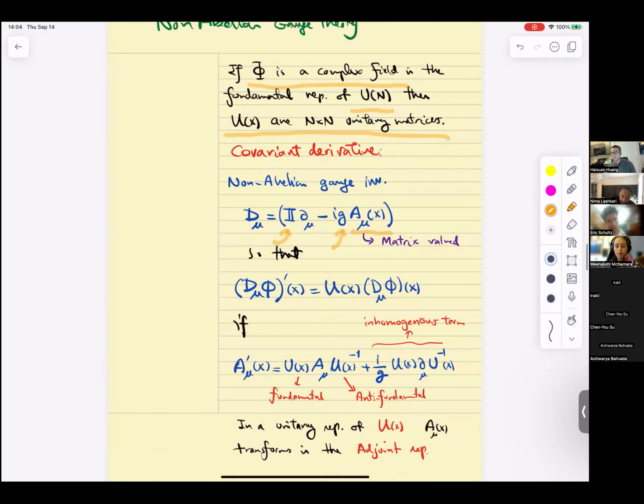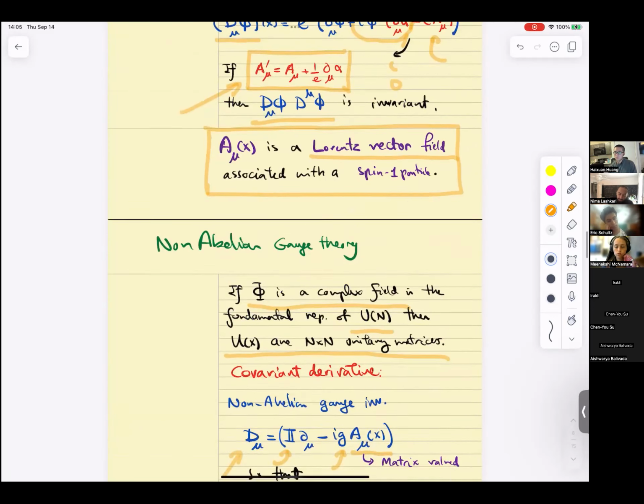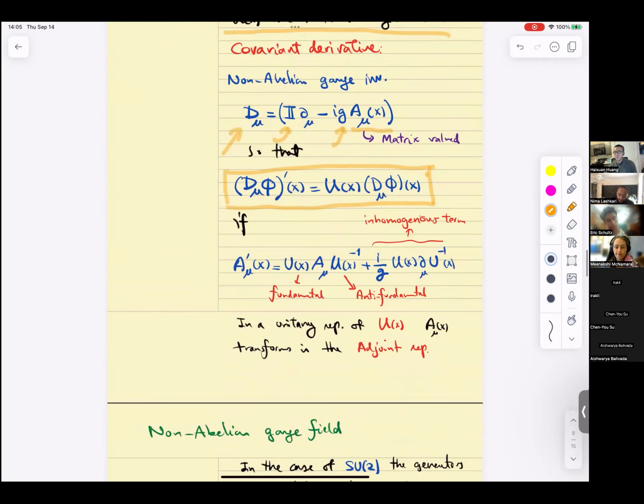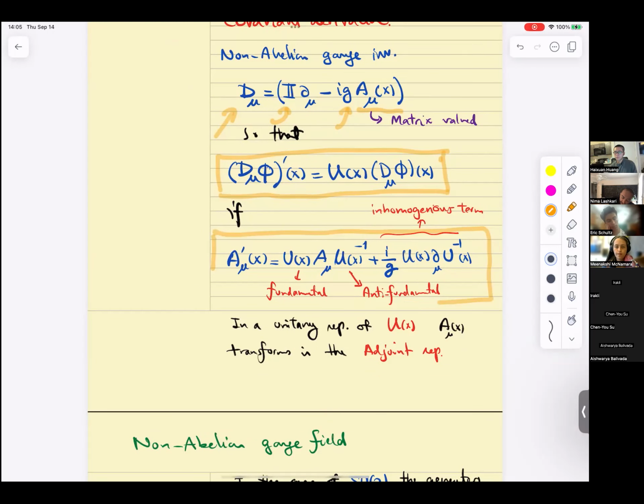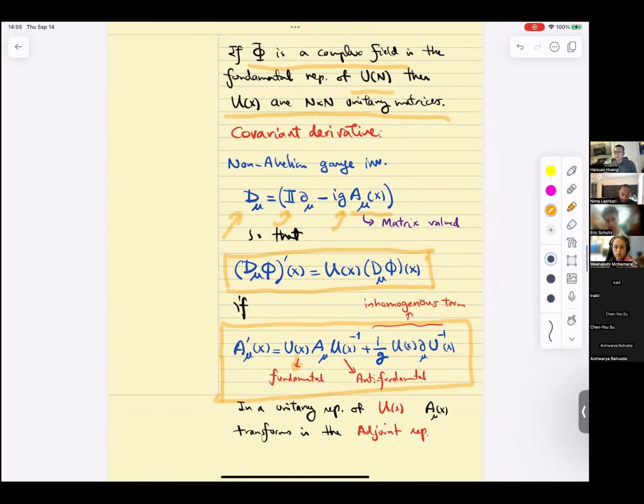Under such an assumption, you want the covariant derivative that you just defined above to transform covariantly. And as we just saw, the way to arrange for it is a cancellation. You just repeat this example we did over here for the non-abelian case, and you learn that A mu should transform in the following way. It should be multiplied, because remember, I just started by assuming that the phi's are in the fundamental representation.